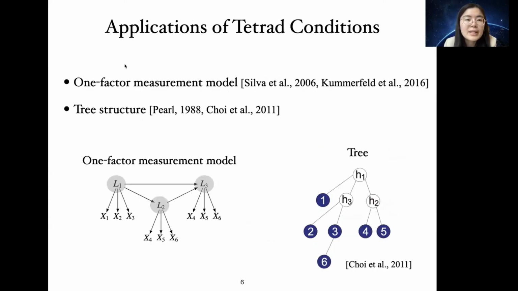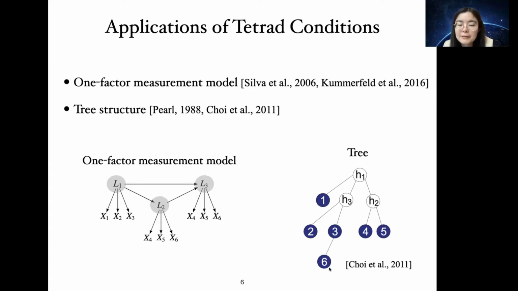Okay, so here are applications of tetrad conditions to some types of latent graphs. One is called the one-factor measurement model, and the other is called a tree. For the one-factor measurement model, every measured variable is only allowed to have one latent variable, and in most methods, each latent variable should have at least three measured variables.